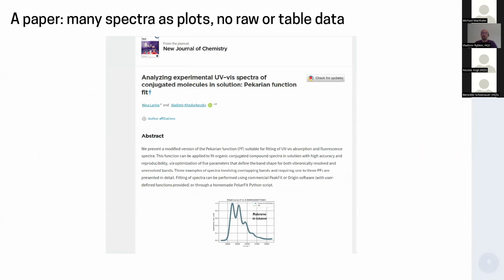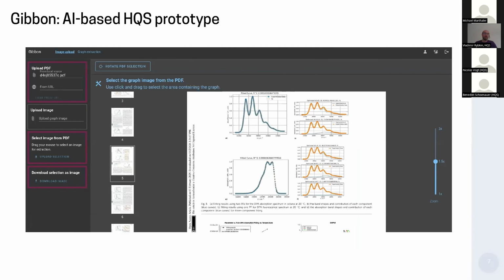And there is no electronic file, nothing, only plots in the PDFs. And I want to analyze it. What I do, I use a tool developed at HQS called Gibbon. And it's based on artificial intelligence, which extracts the graph from the PDF and produces a table.